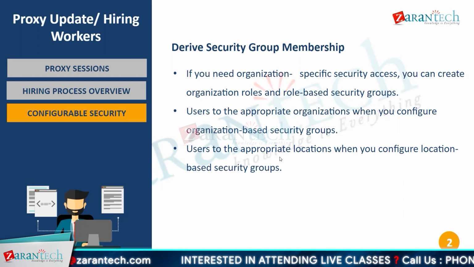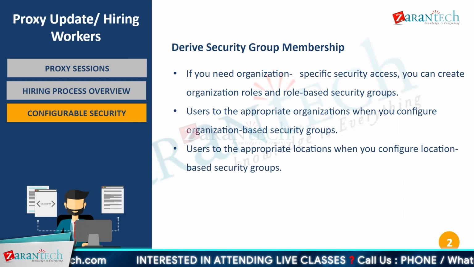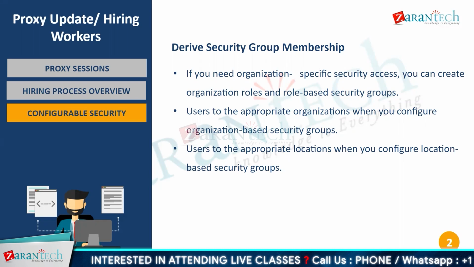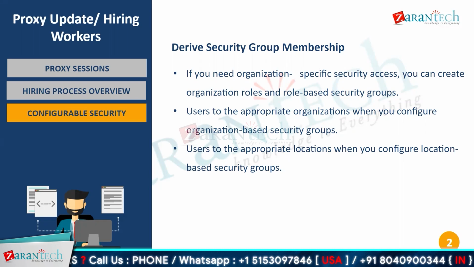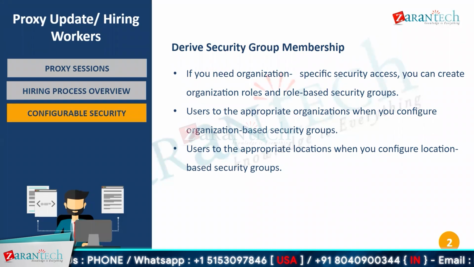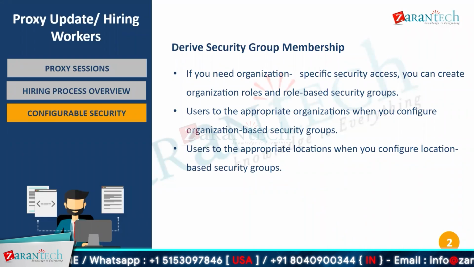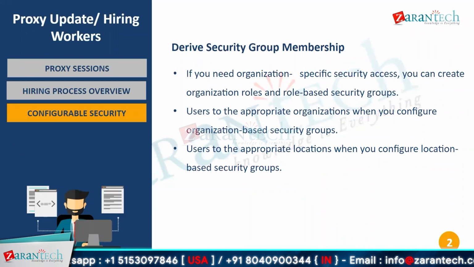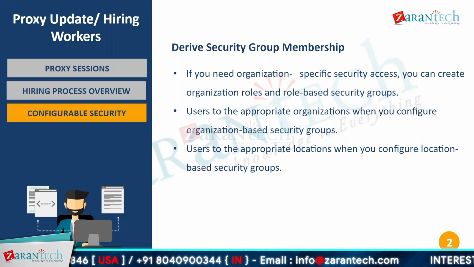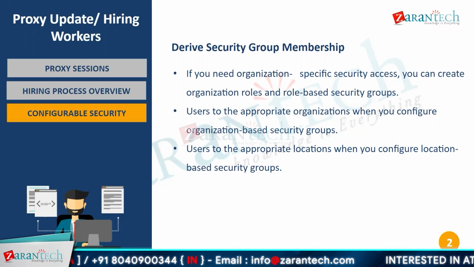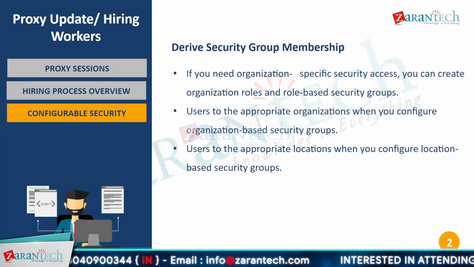So for example, we are creating a location for New Jersey, and any supervisory organizations that are located in New Jersey, Logan or Yulee Bowles would be assigned as the manager for all the supervisors in New Jersey. So I can create a security group, location based, and assign it to the location, so that for any supervisory organization created for New Jersey, Yulee Bowles will be the default manager for that organization.